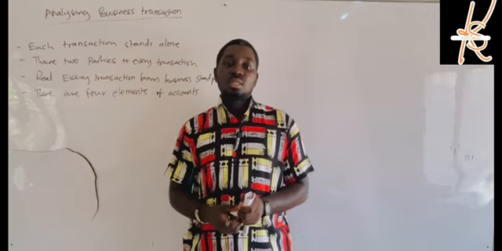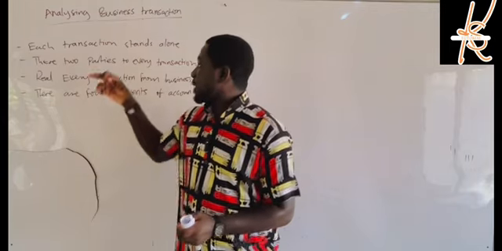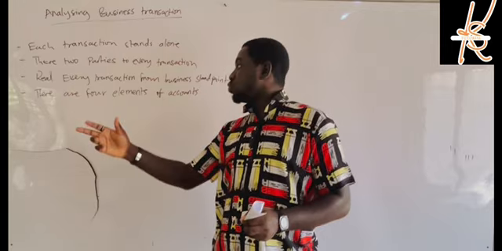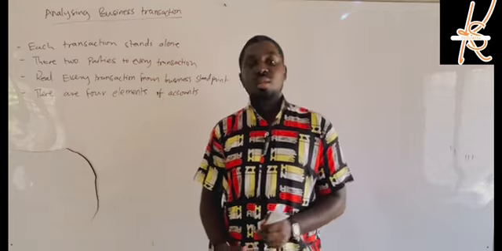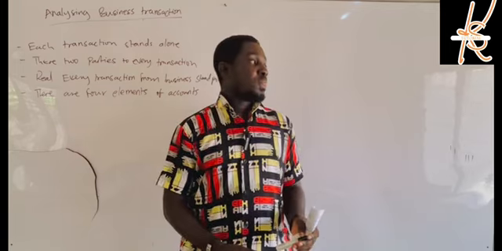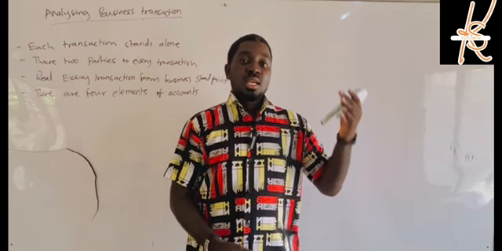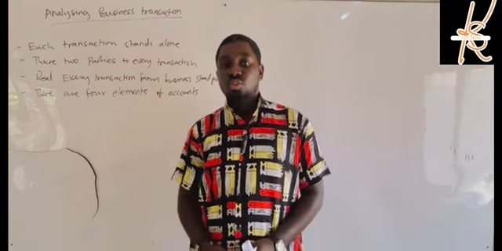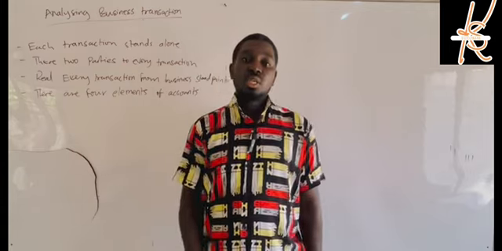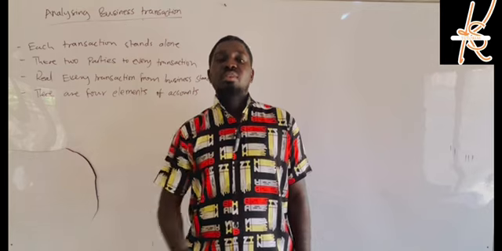The two parties to the transaction can be one or two of the four elements. What are the four elements? We have assets, we have liabilities, we have expenses, and then we have revenue. These are the four elements of the account: asset, liability, expense, and revenue.